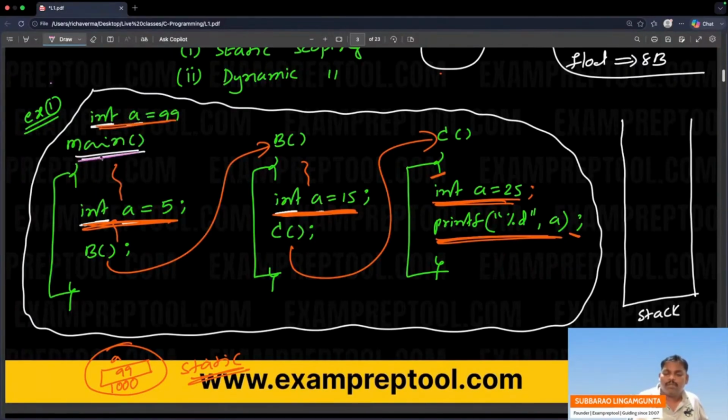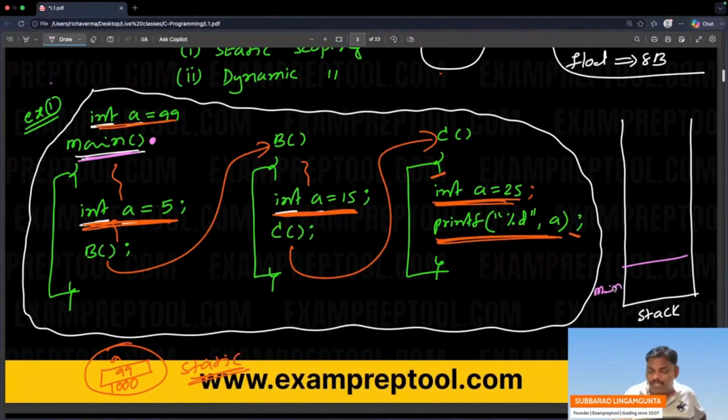Running will start from main. Go to main. Inside main, remember, the main function is running. Whenever you say a function is running, main will be pushed inside the stack. If you say main is called, main will be pushed inside the stack.